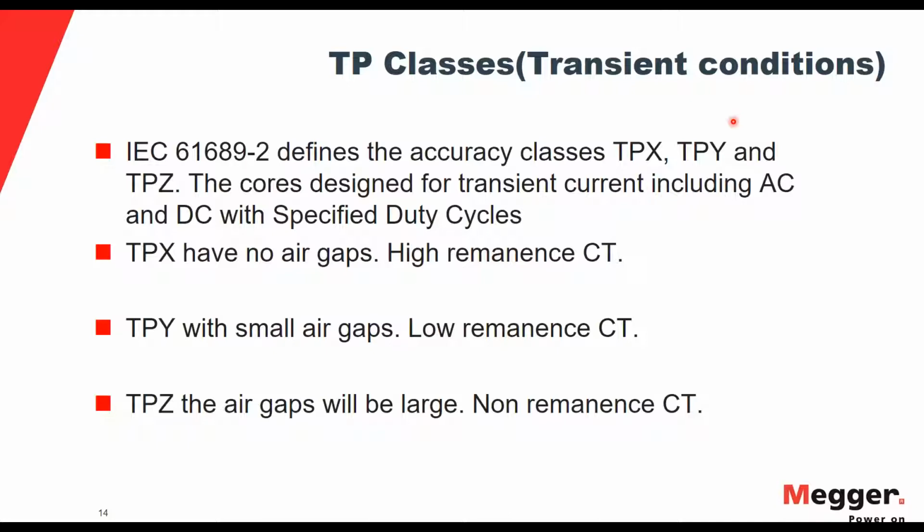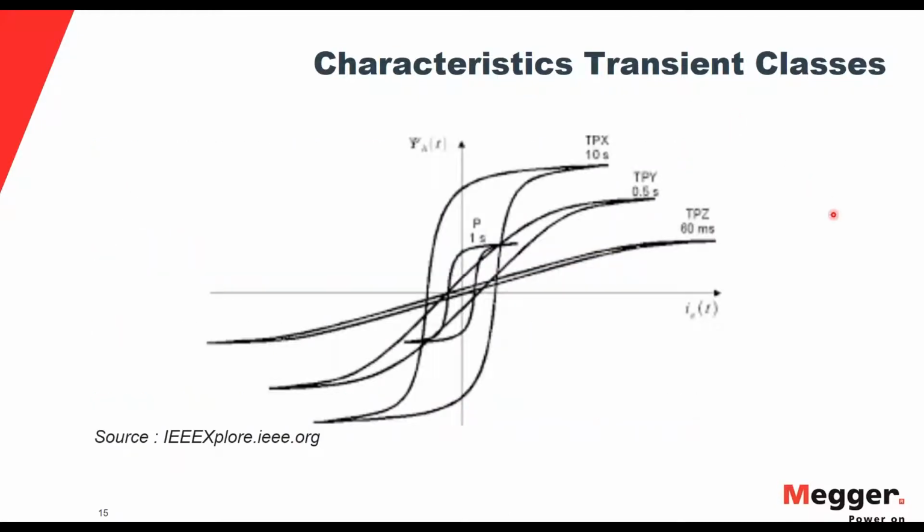Just to give you a better picture on this, we will compare the normal B class to these 3, TBX, TBY, and TBZ classifications, and this is the picture of the BH curve, or what we call the core curve. You can see here that for the TBZ, TBY, and TBX, slightly higher values are required to saturate their cores.